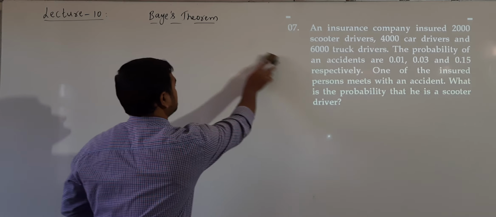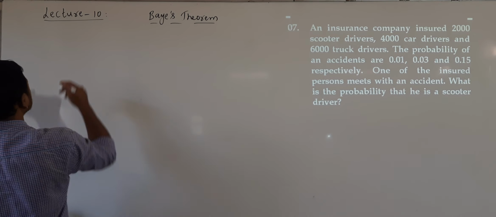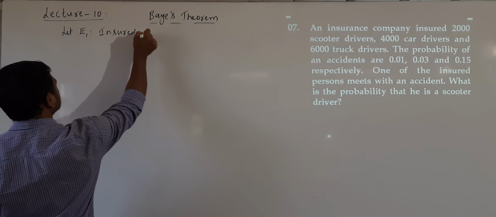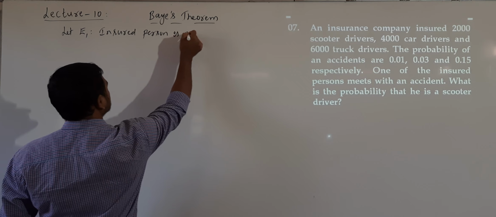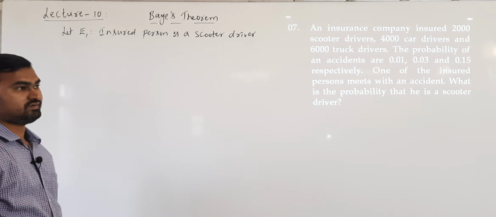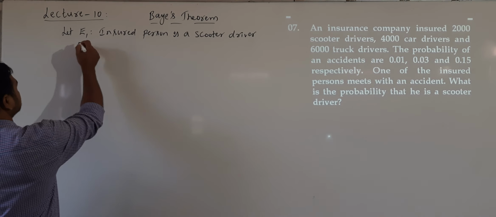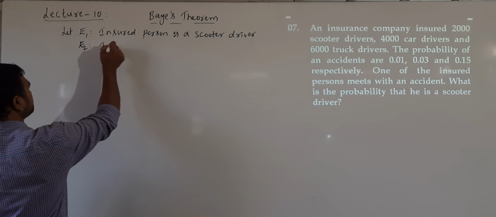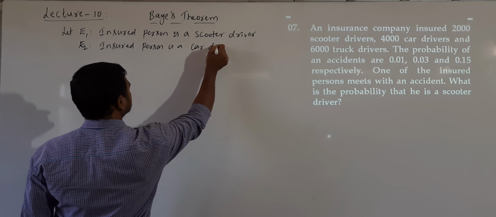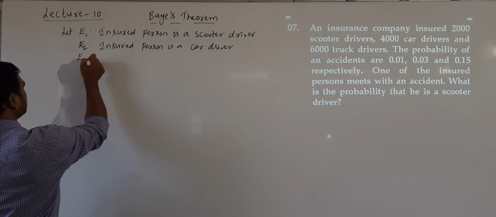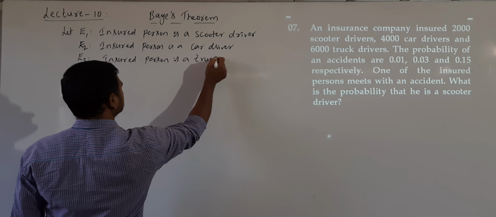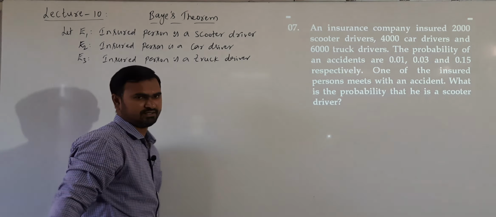Here there are three types of drivers, so let us define three events. Let E1 be the event that the insured person is a scooter driver, E2 the event that the insured person is a car driver, and E3 the event that the insured person is a truck driver, right?